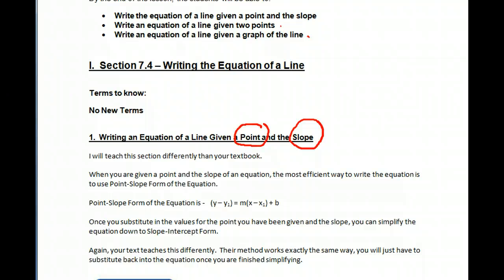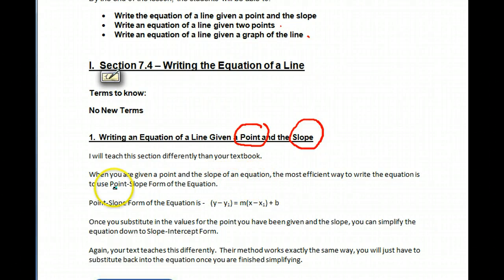So if you're not particularly fond of the way that I teach it, you might want to refer to the textbook and read through the examples there, as well as some of the online content from the textbook. That could help you out as well. But this is the method that I prefer. I do feel that it's much more direct and gets you to the answer quicker than what the textbook shows.